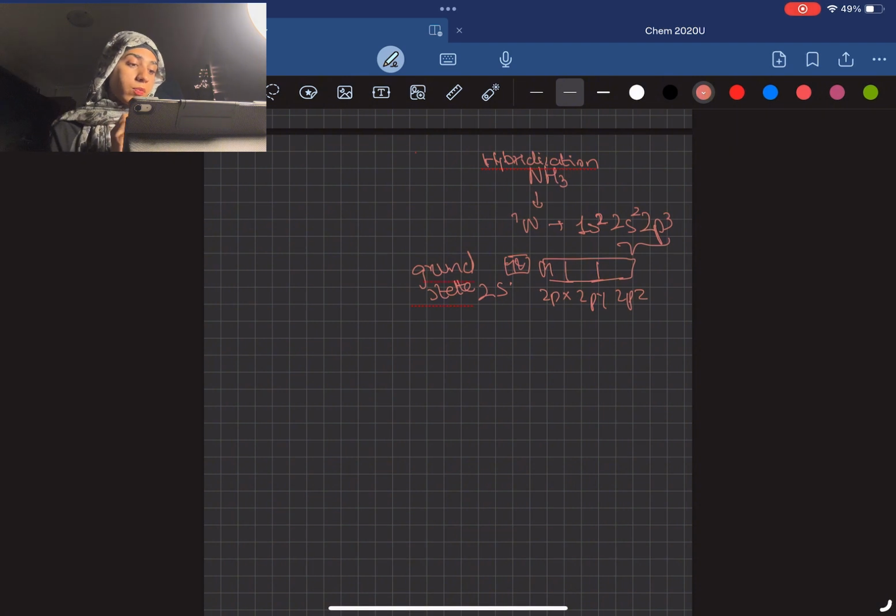I already had 1 electron in my 2p, and that was just in my 2px orbital. Am I supposed to move both of these electrons here and here? Well, that would be wrong. I can only move my 1 electron from my 2s orbital. So I would move 1 electron here and add it here, and then this would be removed. But I cannot shift this over here because then my 2s orbital would be empty.